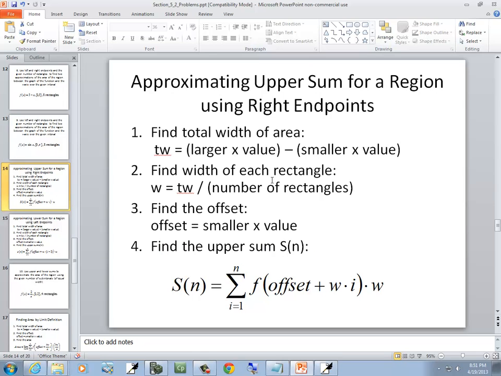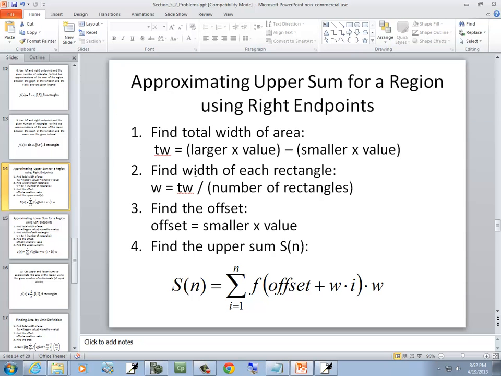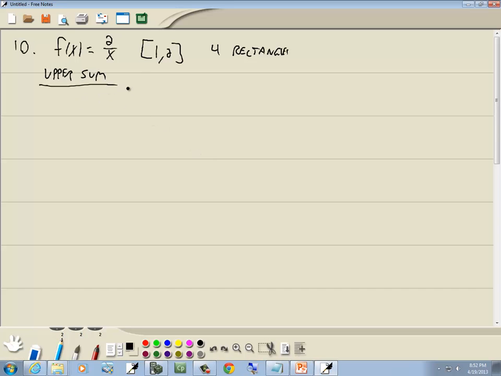Okay, so let's look at the upper sum. Step 1. I don't have "find n" in here, because I assumed that after you'd done those earlier ones I shouldn't even have to put all of this, but that still goes without saying. N is 4. They tell us 4 rectangles.